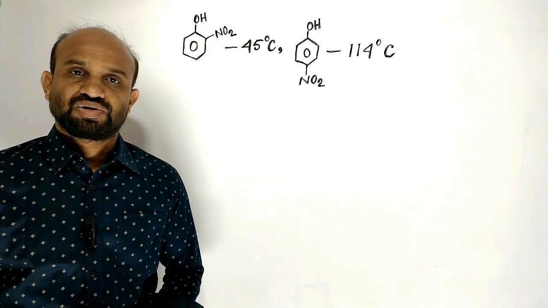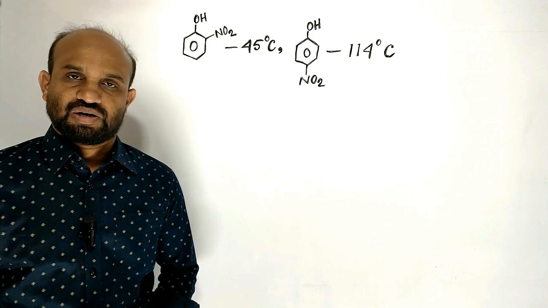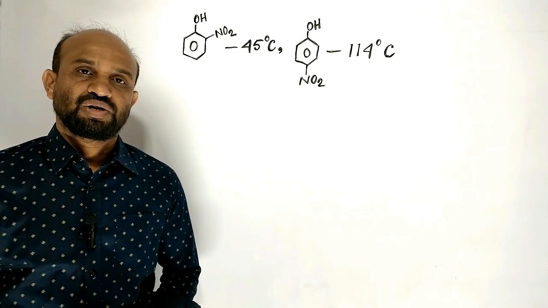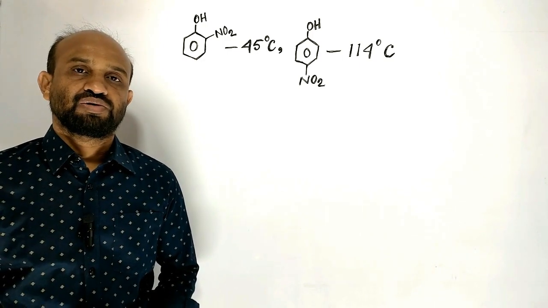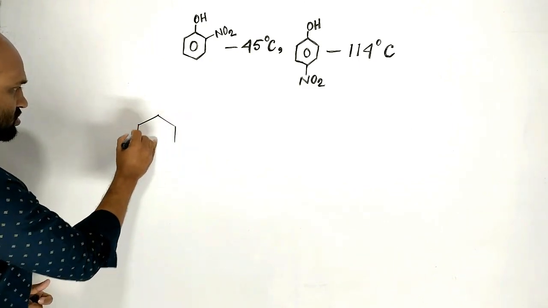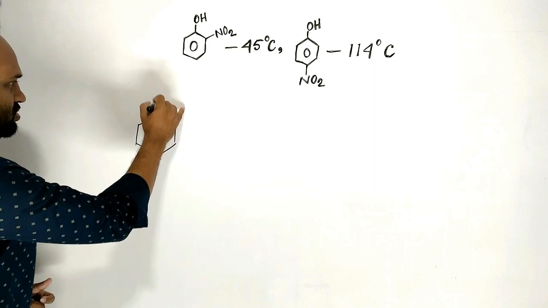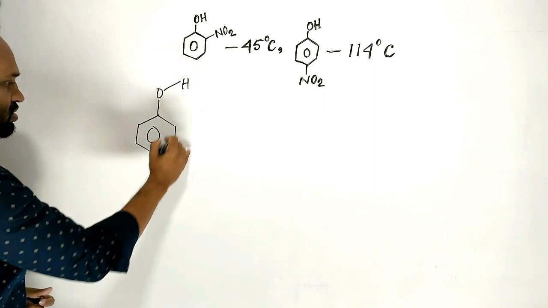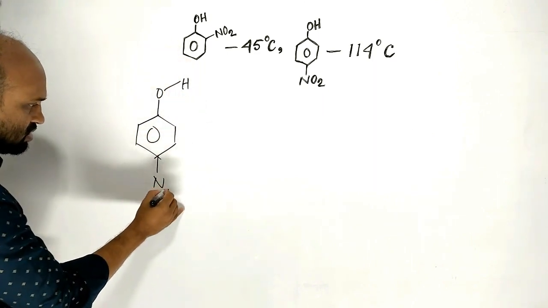First of all, let's look at the melting point of paranitrophenol, which is very high compared to orthonitrophenol. Phenol with a nitro group at the para position.